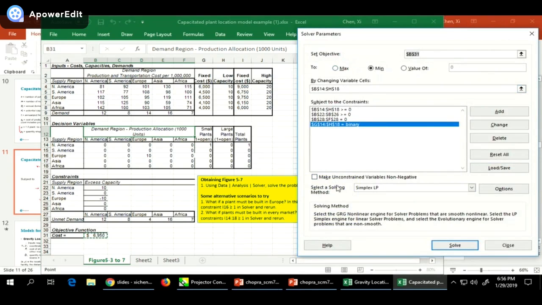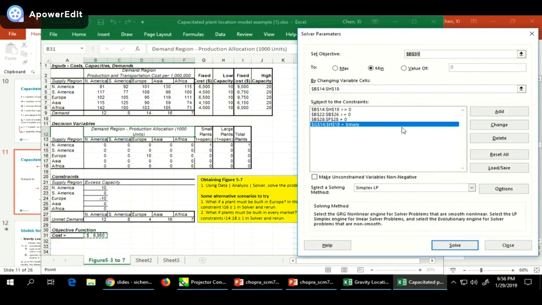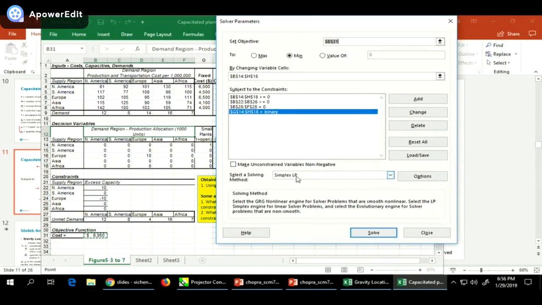And one thing to mention here, this optimization problem is a linear optimization problem, meaning that both the objective function and constraints are linear combinations of the decision variables. In this case, the most effective solution method is simplex LP.